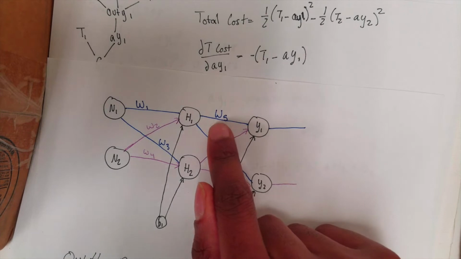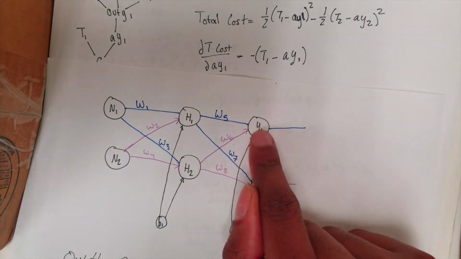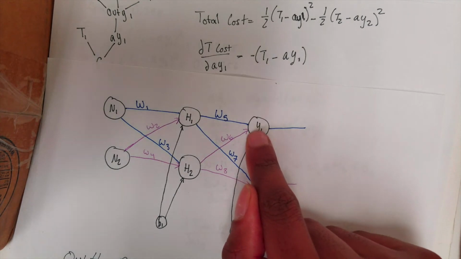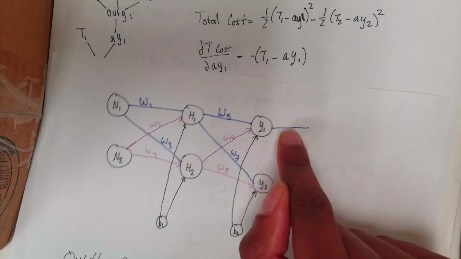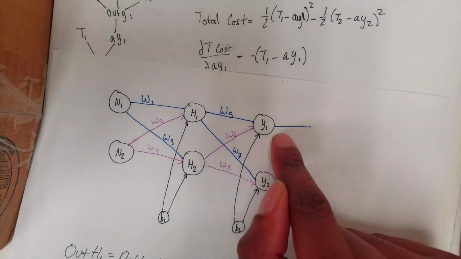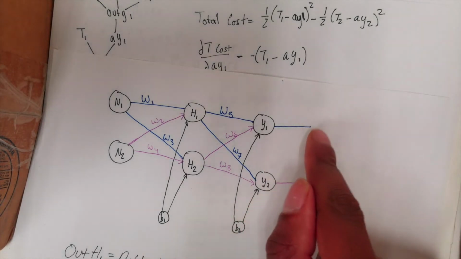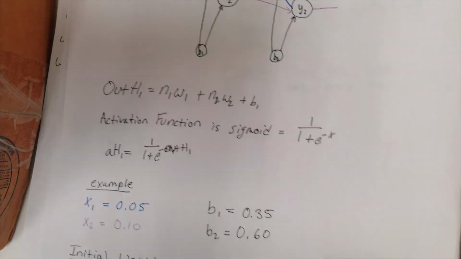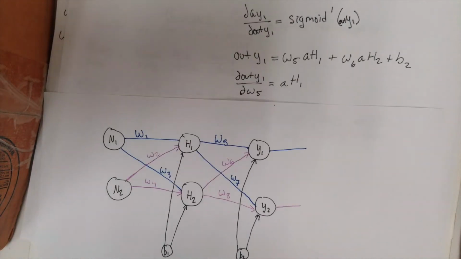So you can see it starts with weight 5, which goes into the Y1 output, and then the activation of the Y1 output is the actual value we received, which is compared to the target value to receive the cost.